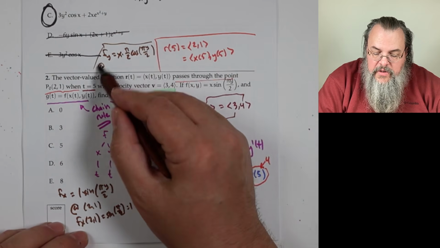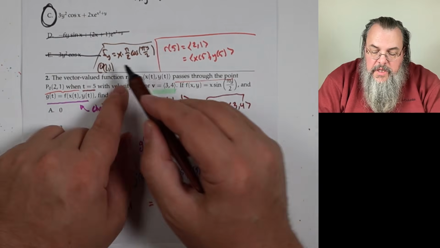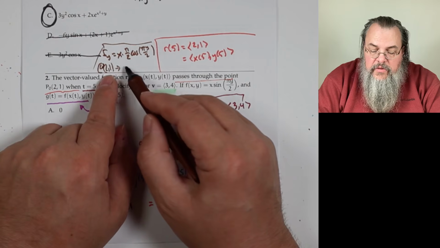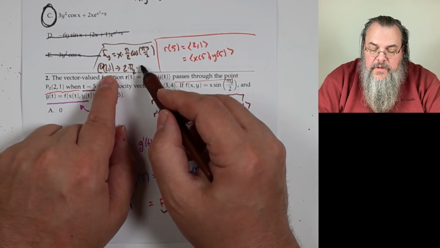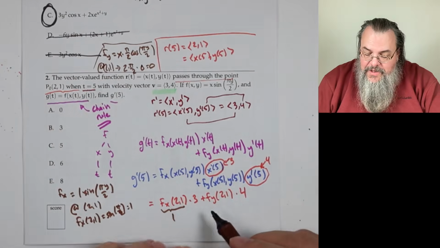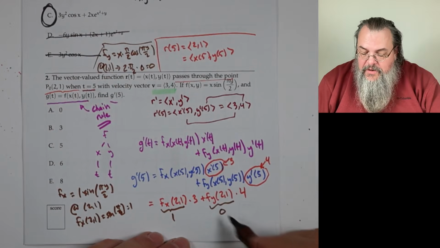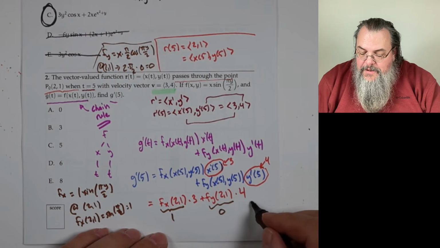Now, at (2, 1), what happens? Well, we're going to get x is 2 times pi over 2 times cosine of pi over 2, which is 0. So we get 0. So this part is 0. So we have 1 times 3 plus 0 times 4, which is 3.